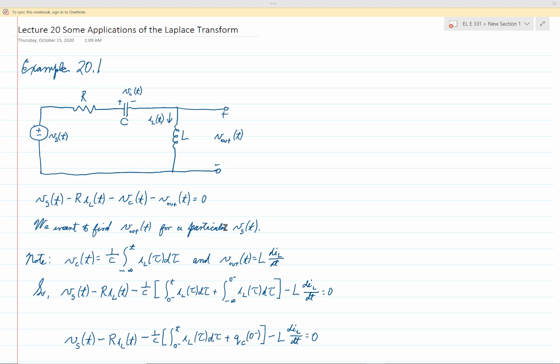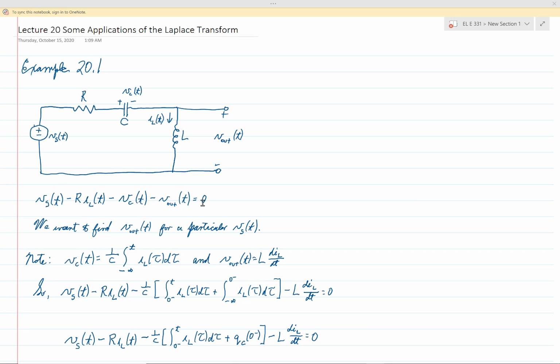Maybe rather than particular, I should say arbitrary, because what we would like is an easy way to find V out of t for any Vs of t, so that we don't have to reanalyze the circuit each time, but can have something very convenient to work with.